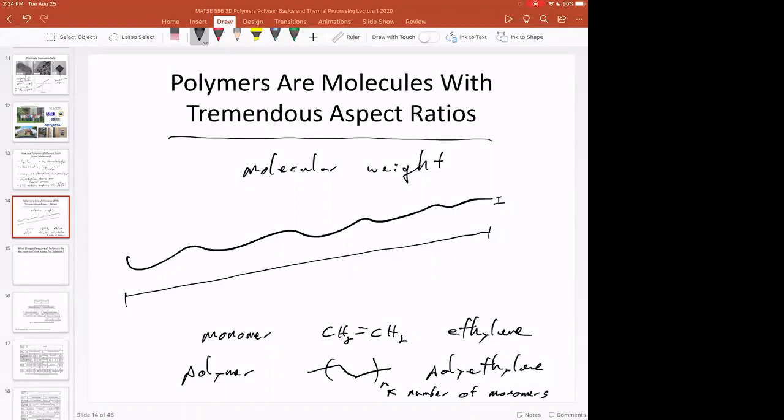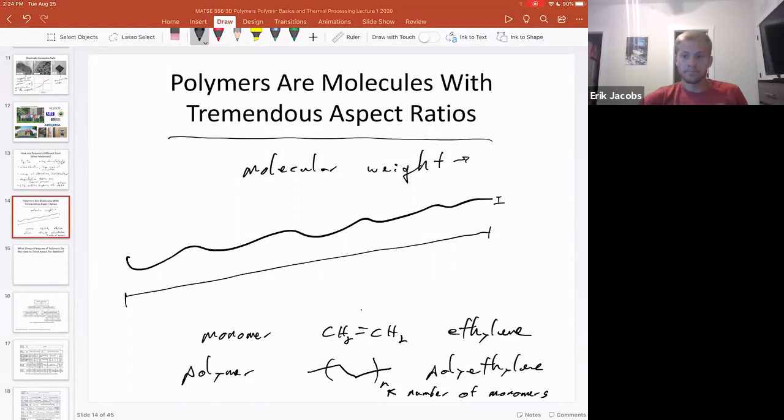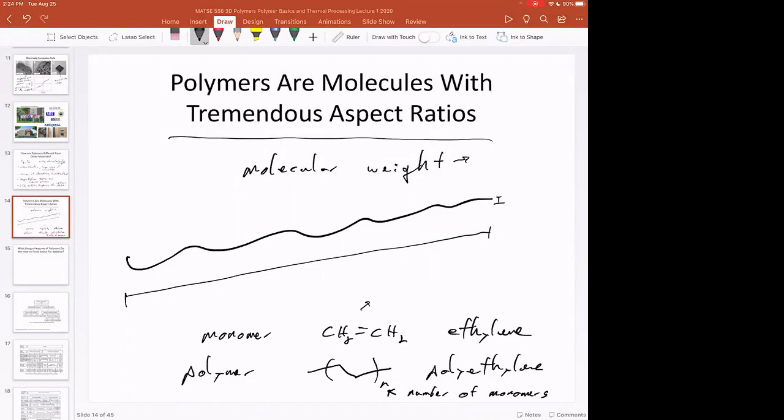Does anyone have a molecular weight in their head? First of all, what's the molecular weight of ethylene? Anyone know? 28. Yep, we've got 12 times 2 is 24 plus 4, so this is 28 grams per mole. Does anyone have a molecular weight in their head for polyethylene, or the molecular weight of a polymer in general?